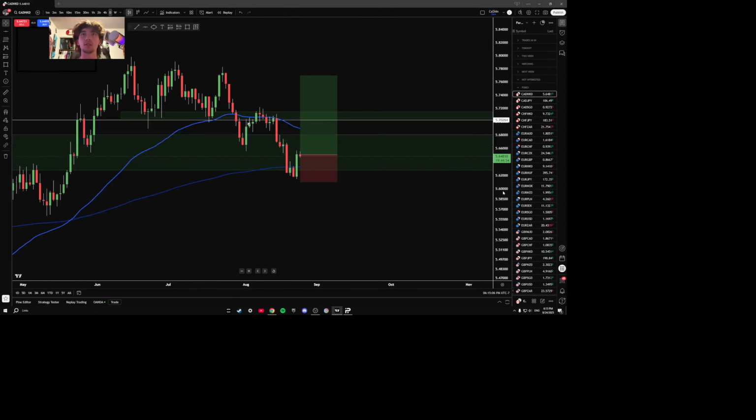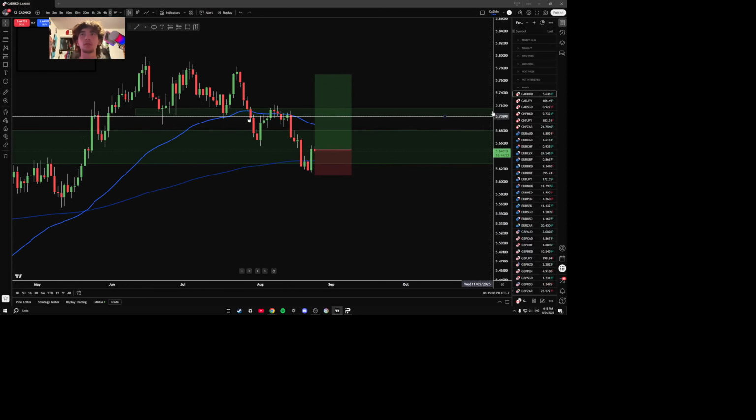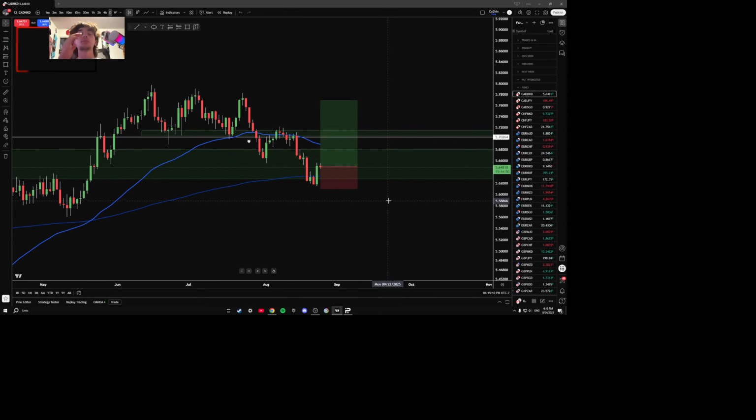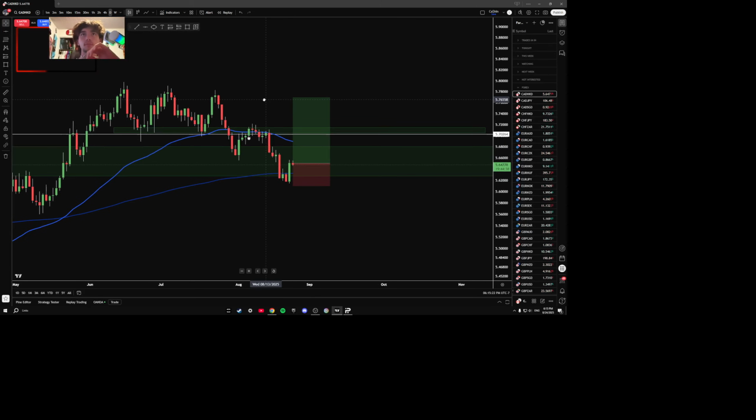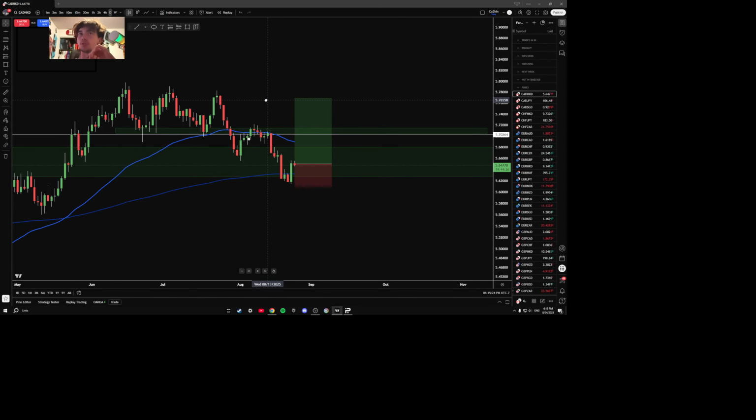But with that daily engulfing, the only thing I can see this doing is rejecting right here at the head and shoulders, and then we enter a sell position. If it gives us the entry.